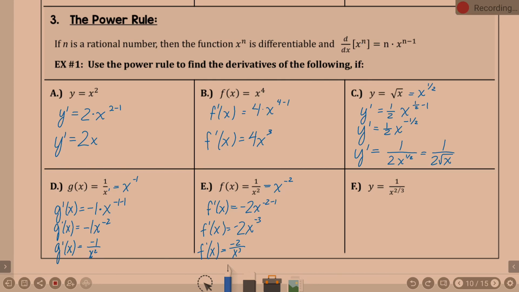Okay. So what do we know about 1 over x to the 2/3? What'd you say? You were wrong. I thought you split the fraction exponent because we're dividing, but it's in the power form.